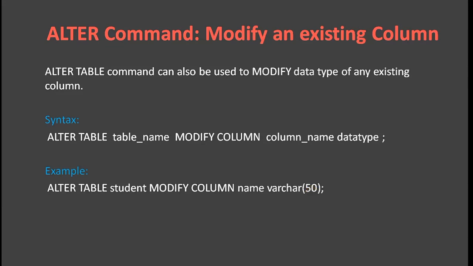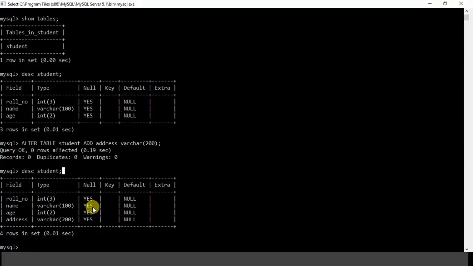Let us see this in MySQL. We are going to reduce the size of column name from 100 to 50. So we will write the command alter table, table name, modify column.